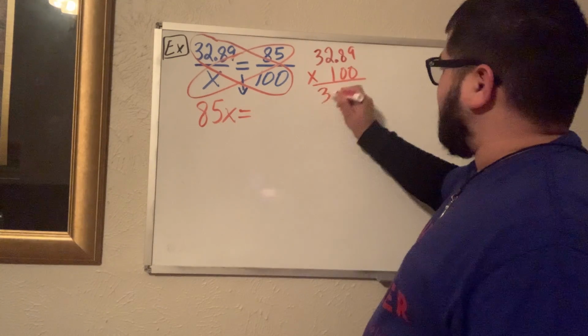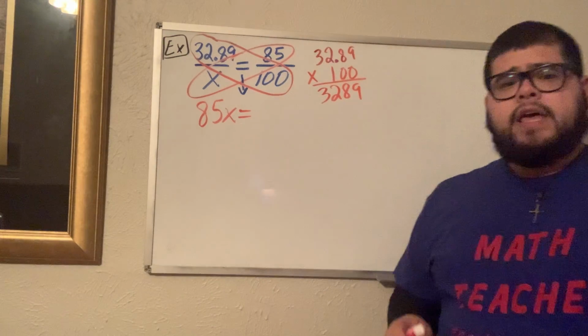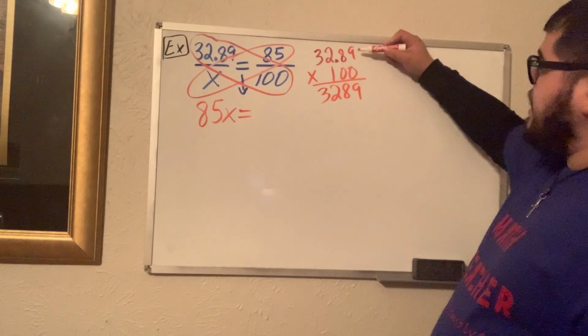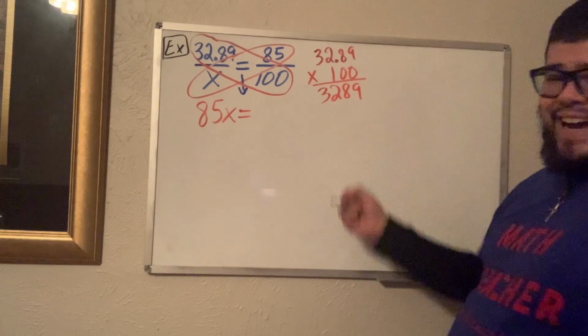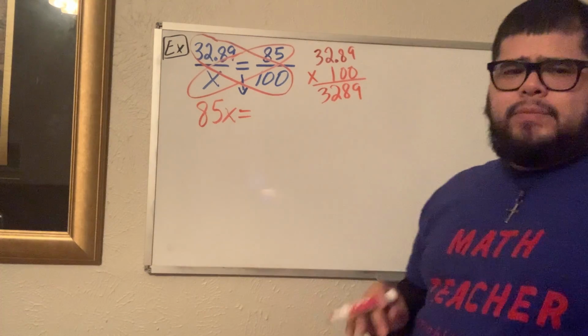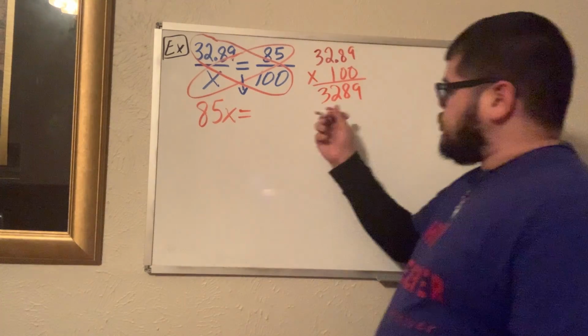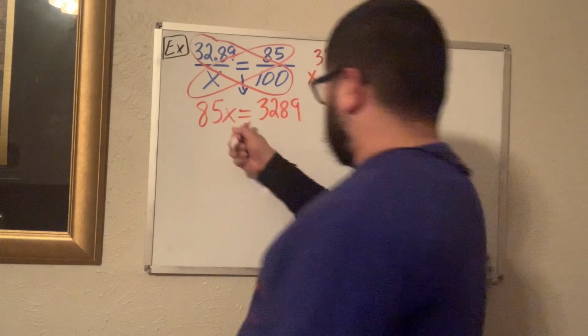We're gonna end up with 3,289. That's just a little trick to remember. If we were gonna multiply 32.89 times 10, we would only get 328.9. We'd only be able to move it over 1 time, right? So 3,289 goes right here.